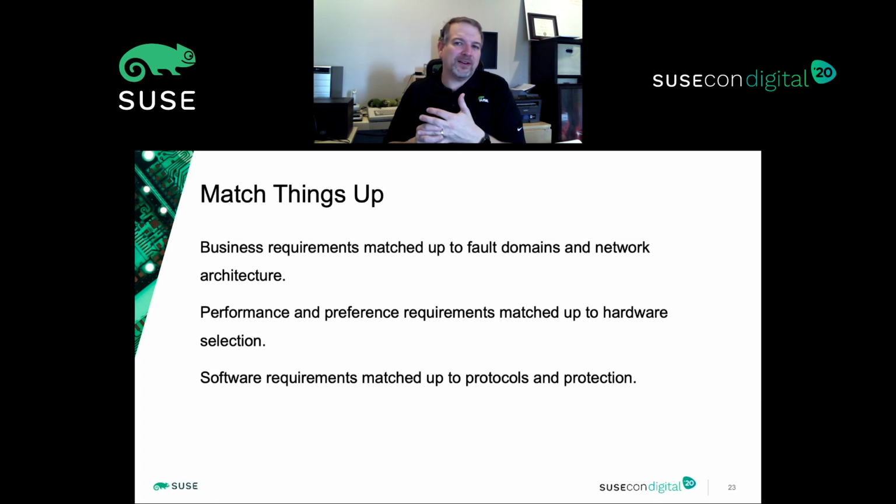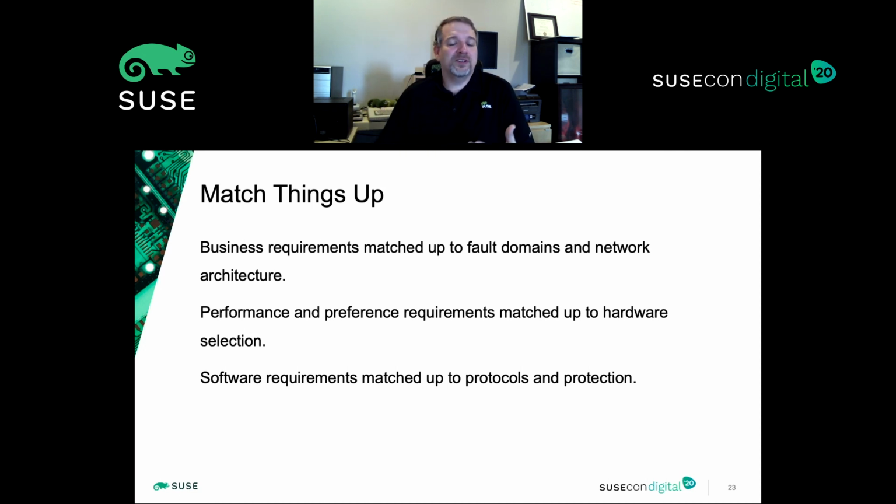And when we go back to the software requirements and the requirements that a particular challenge presents us, this is how we make sure that what we've done makes sense. Have we fulfilled the business requirements? Do we provide the fault domain protection that's needed?